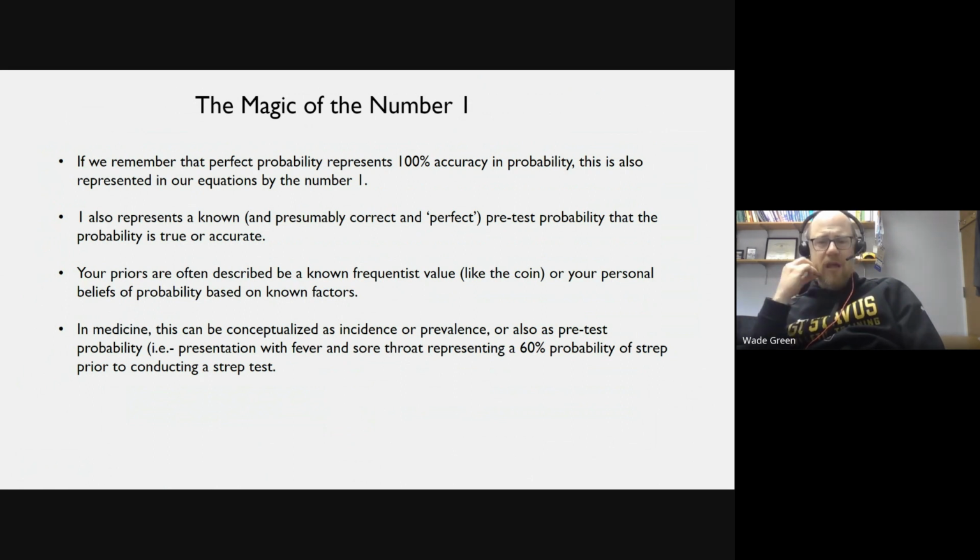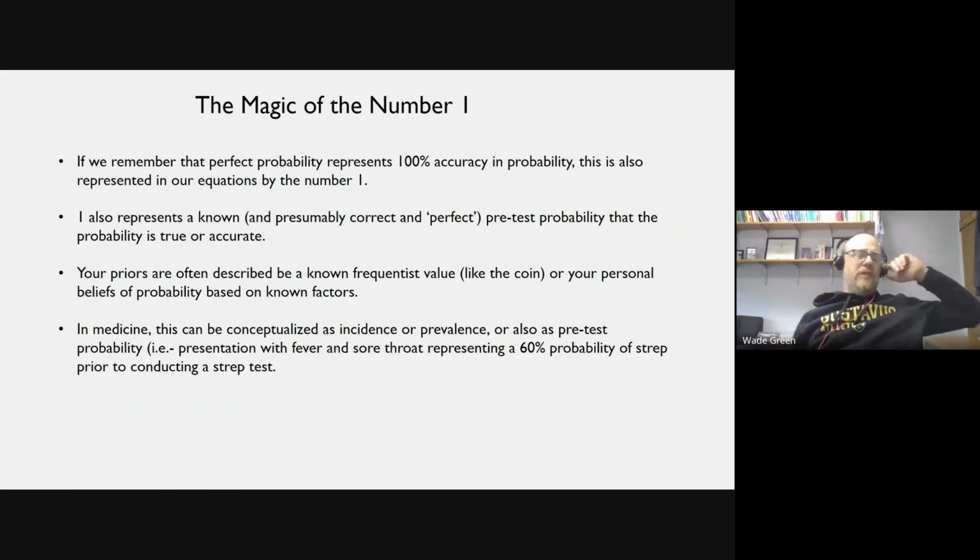This is really going to help us utilize not only Bayesian factors, but things like specificity and sensitivity rather well. So one, that looks like the letter I, but it's actually one. One also represents a known and presumably correct and perfect pretest probability. Okay, that the probability is true or accurate. We'll talk about how that works diagnostically.